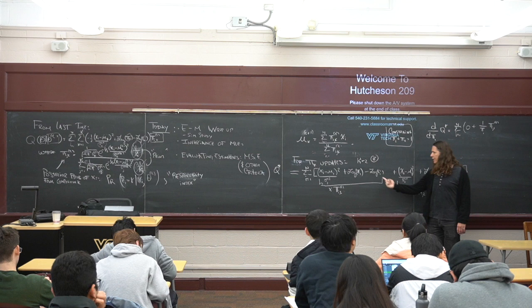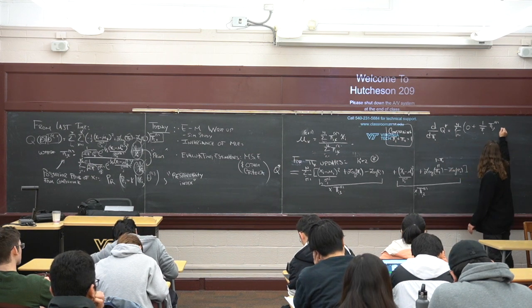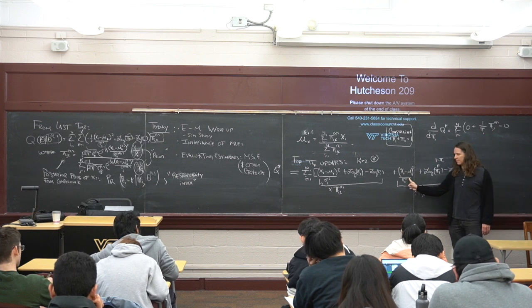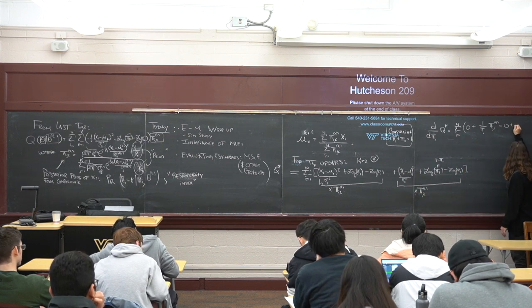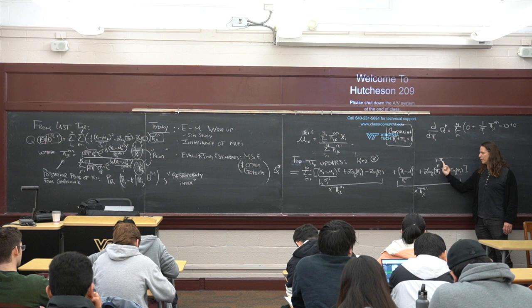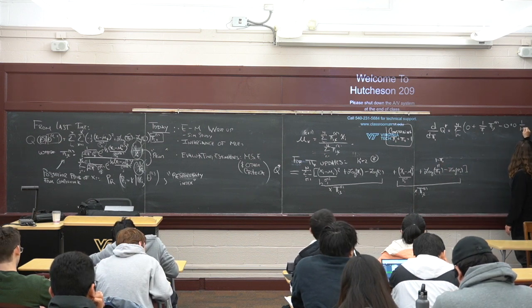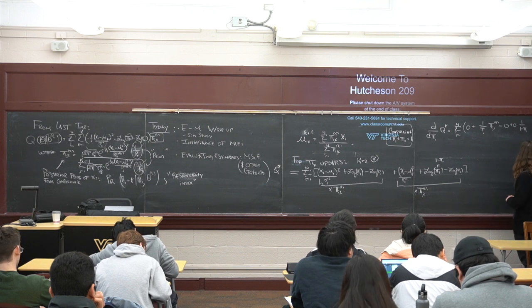When I take the derivative here, it's 0. So this is minus 0. Right here, take the derivative here, it's 0. So plus 0. Derivative here, it's got a pi 1 there. So this is going to be 1 over 1 minus pi 1 is that derivative, and I need to be a little bit careful with the chain rule.